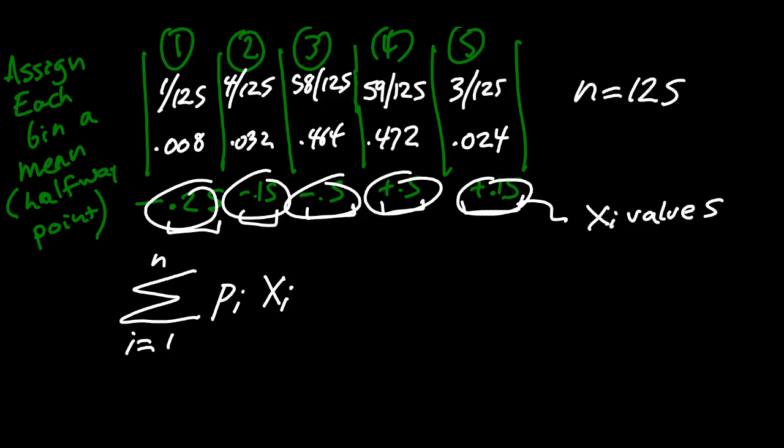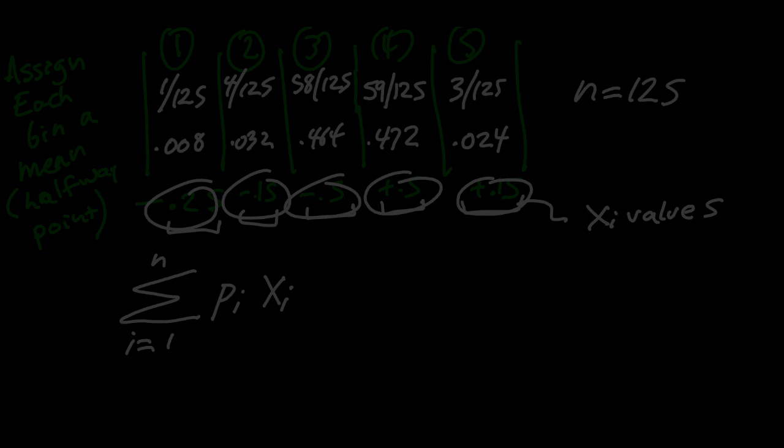Next, we want to look at the variance of a distribution. And I'm not going to work out every single arithmetic here because it's all in the Excel spreadsheet for you. But I want you to understand what variance is.